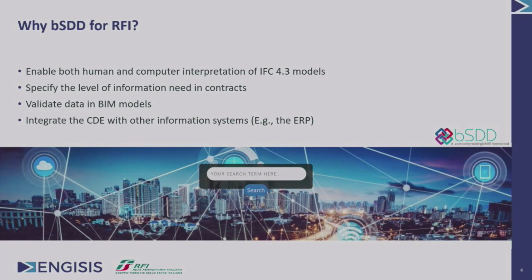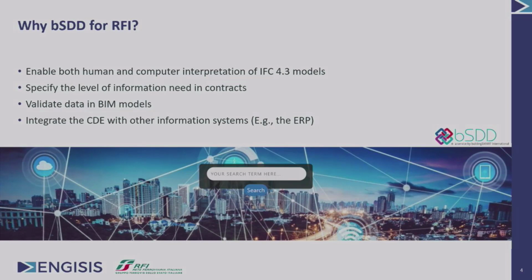The classification is also very important for RFI because with that they can actually integrate the CDE that they are using to manage these projects with internal other softwares such as ERPs, for example. And of course they want to enable human readable and machine readable interpretation of the models. And we're always talking about IFC for the tree here, of course.